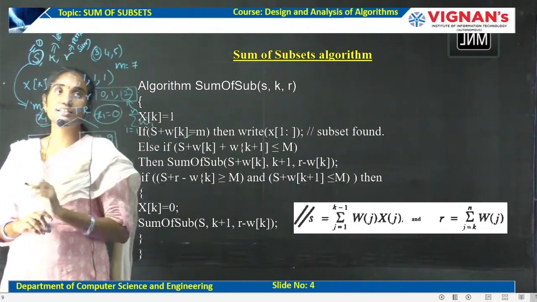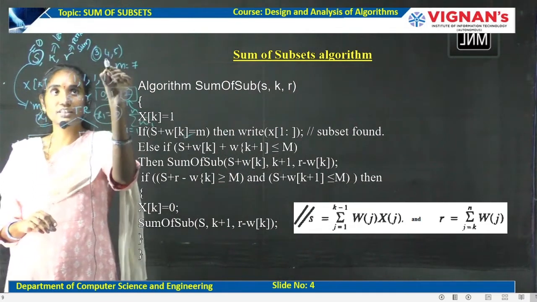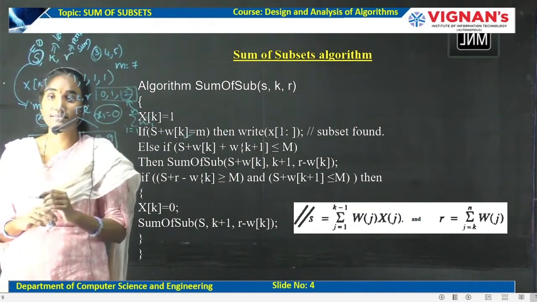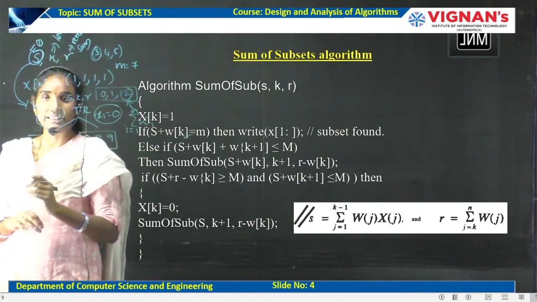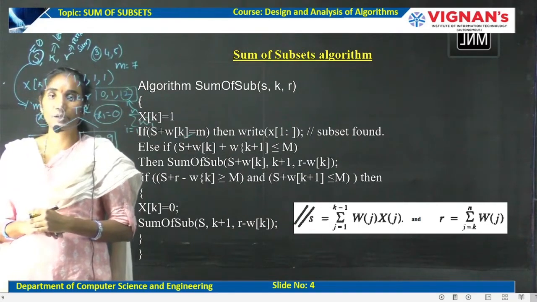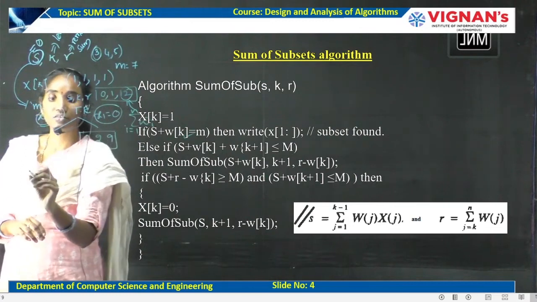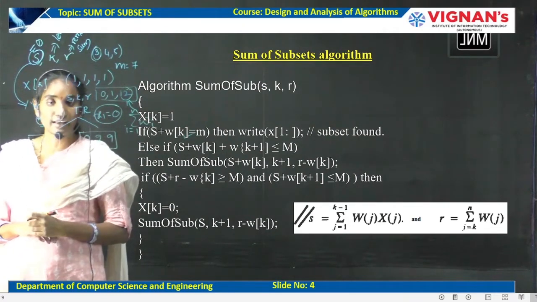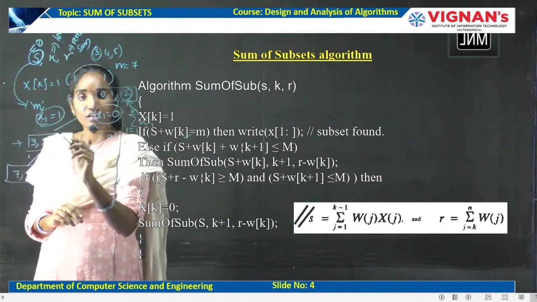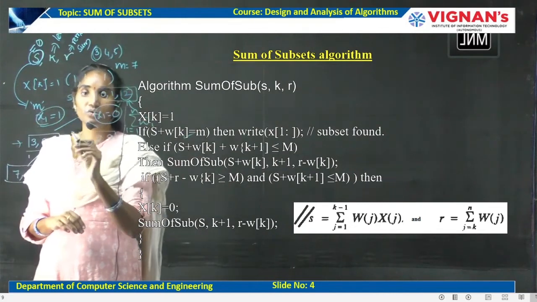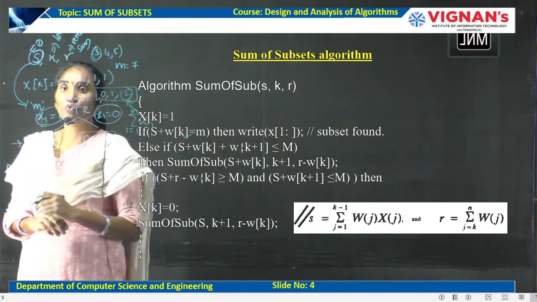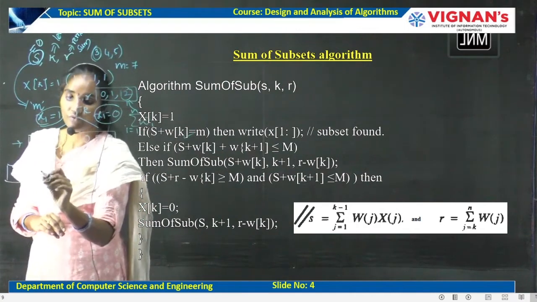Previously the sum is 3 and the next item is 4. So s plus wi, which is 3 plus 4, which is equal to 7, and the level is 3. And here 9 minus 4, which is equal to 5.